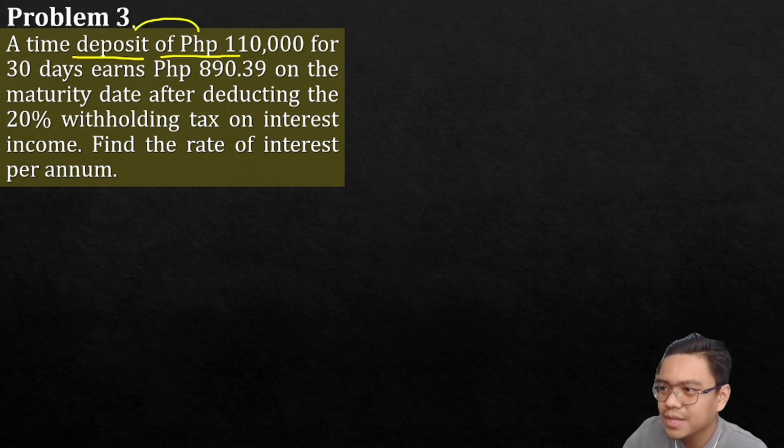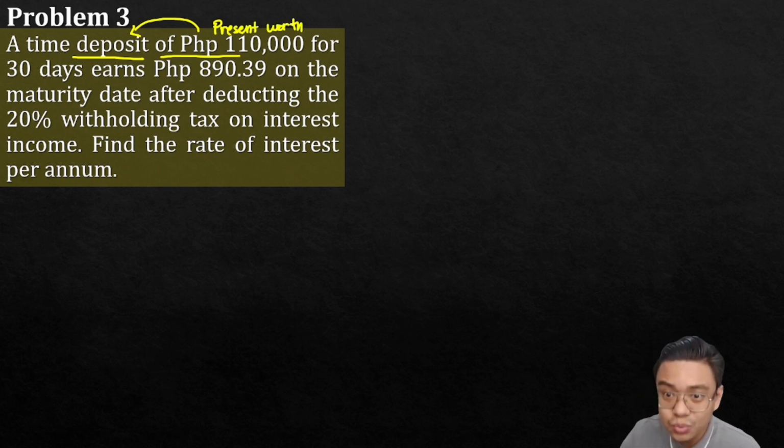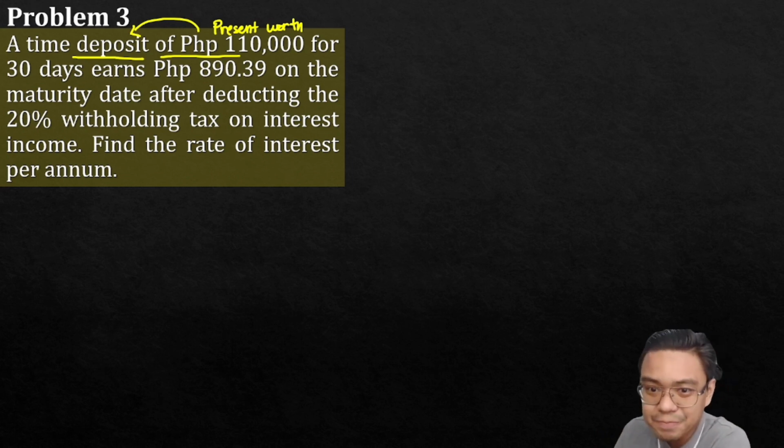It is a 110,000 pesos deposit. So, in other words, the 110,000, based on that setup pa lang, it's a deposit, we understand that this is a present worth. So, we know that that is present worth based on the construct of the sentence here.